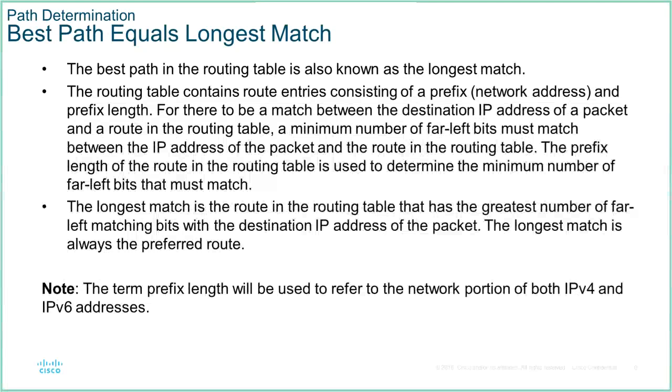And what we do with breaking up the networks into smaller parts is we create a series of networks that are more in the network portion than the original network. So we want to match as many of those bits as possible to give it the most accurate forwarding decision as possible.